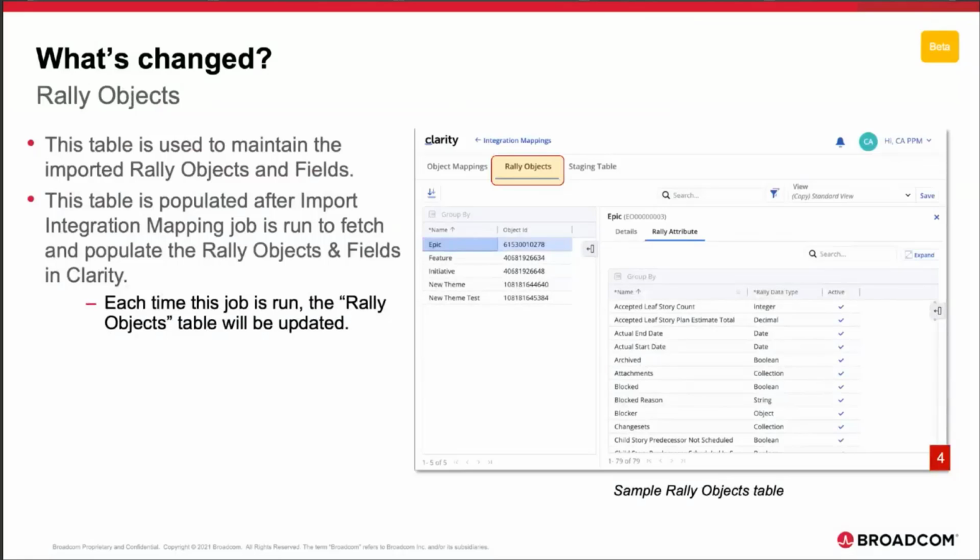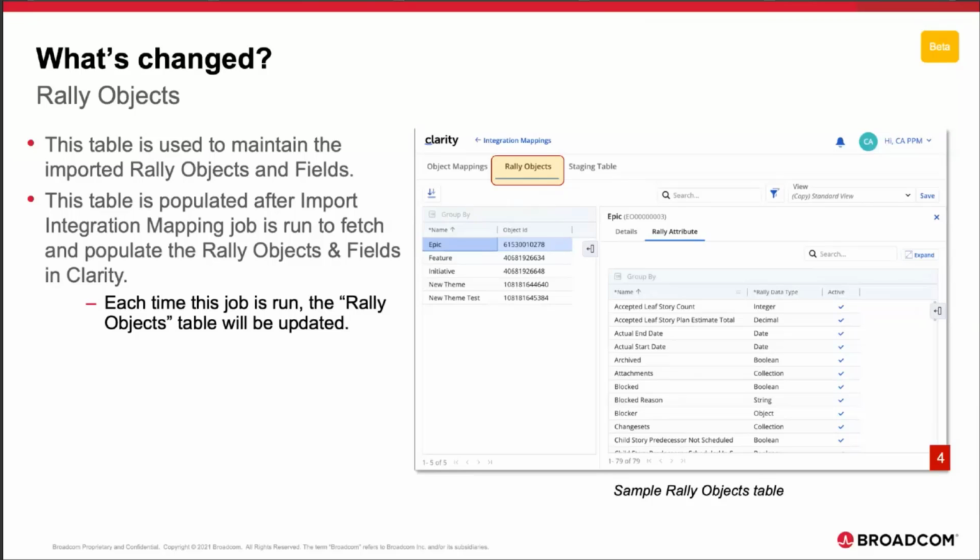Okay, so when that import mapping or import integration mapping job is run, Clarity includes a table structure to store that information, the objects and their stock and custom fields. It's called, surprisingly enough, Rally objects.